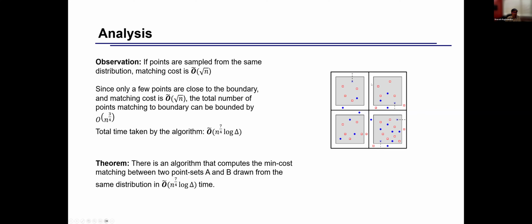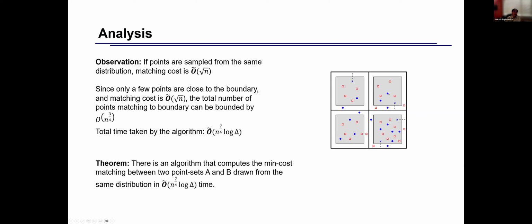So now imagine all of these n to the 3/4 blue points are matching to the boundary. That's case one. And second, the blue points that are well inside, if they match to the boundary, the cost of that will be at least the width of this white region, which is n to the -1/4. So we can show that the matchings we maintain will never exceed a cost of square root of n.